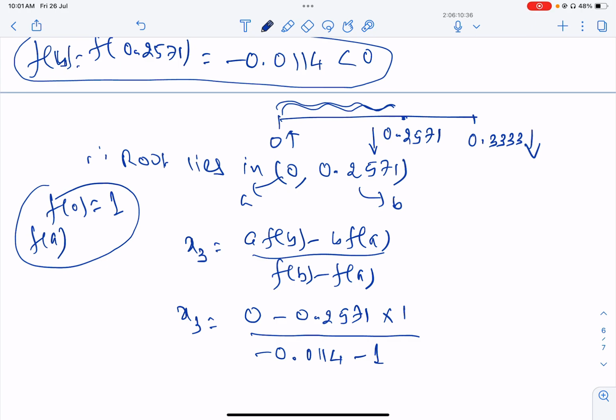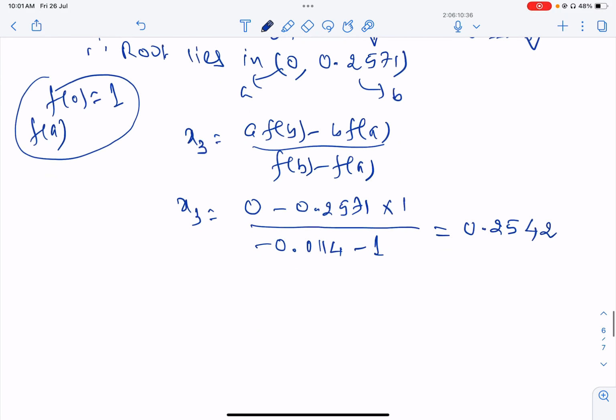You use the calculator and you will get the value 0.2542.